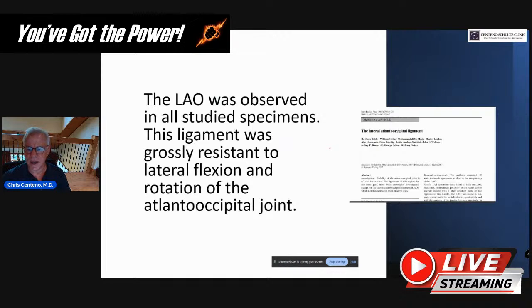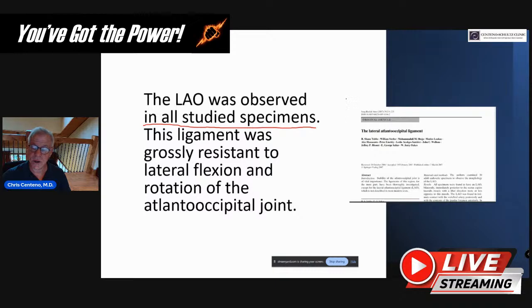This is the most recent study that I could find on this topic. Shane Tubbs has done a lot of these upper cervical ligamentous anatomy studies, and they did an investigation here of this ligament specifically. What they found was that it was in all specimens.